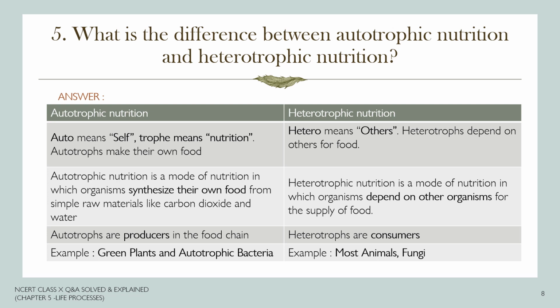What is the difference between autotrophic nutrition and heterotrophic nutrition? Nutrition is of two types, autotrophic and heterotrophic. Auto means self, hetero means others, trophy means nutrition. So all those organisms which can make their own food using simple raw materials are the autotrophs, whereas heterotrophs are the ones which depend on others for their food.